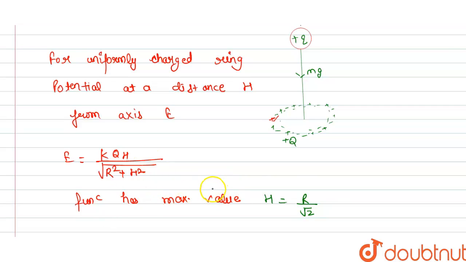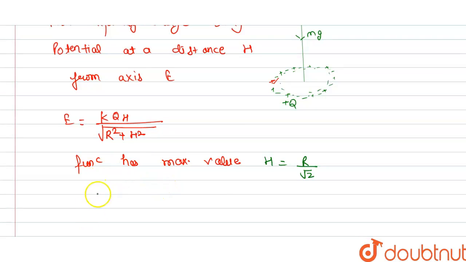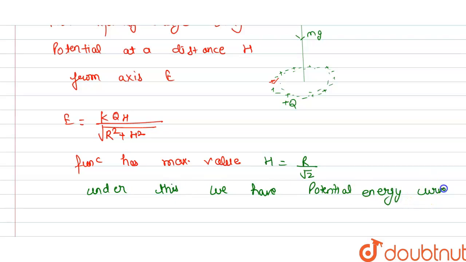and the area under the E-h curve, that is the potential energy curve, is maximum. So we can write here, under this we have the potential energy curve, potential energy curve is maximum.